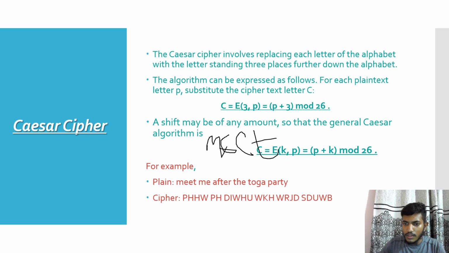For M, when we take k equals 3, then after M, 3 places further down the alphabet: N, O, P. P is the ciphertext for M. Like this, for the entire sentence they have made the ciphertext.